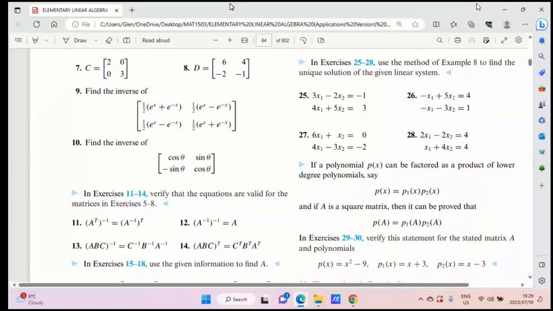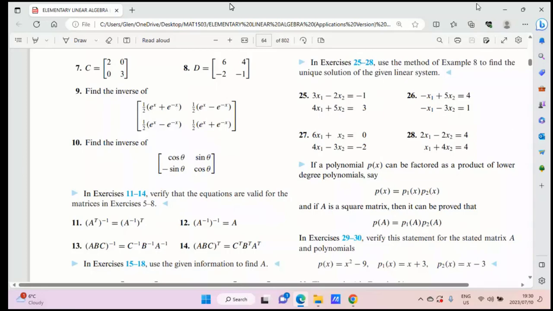First row. Second row, I got negative 8 over 15. Interesting. Second entry, negative 3 over 20. Yes, sir. What did you get, my sister?